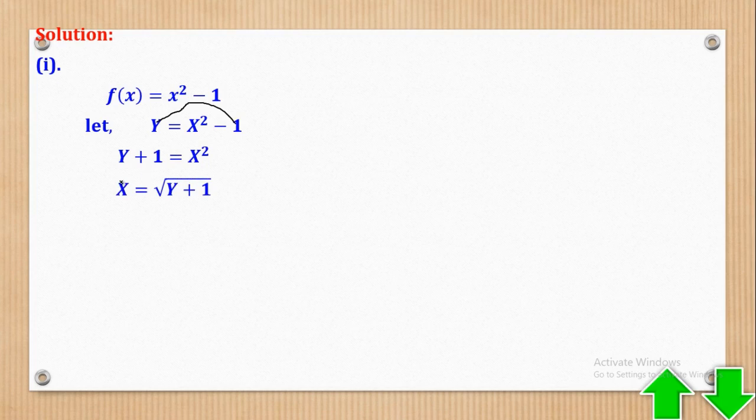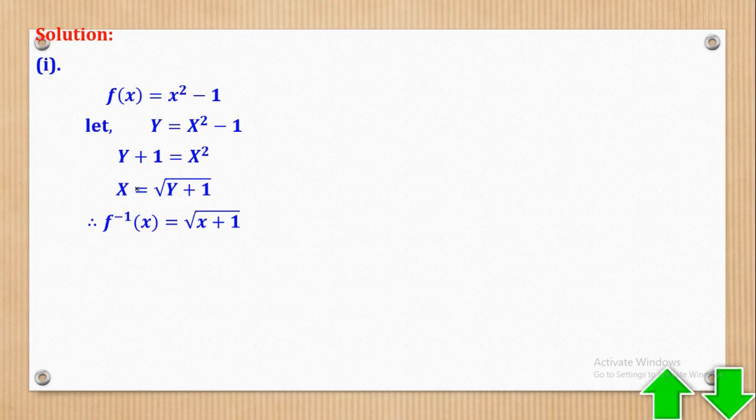So now that I've made capital X the subject, I can now set the inverse of f(x). Remember, how do we say the inverse? It means that capital X will become our inverse of f(x), and this side capital Y will be replaced by small x. So in the end, I'll come up with my inverse of f(x).